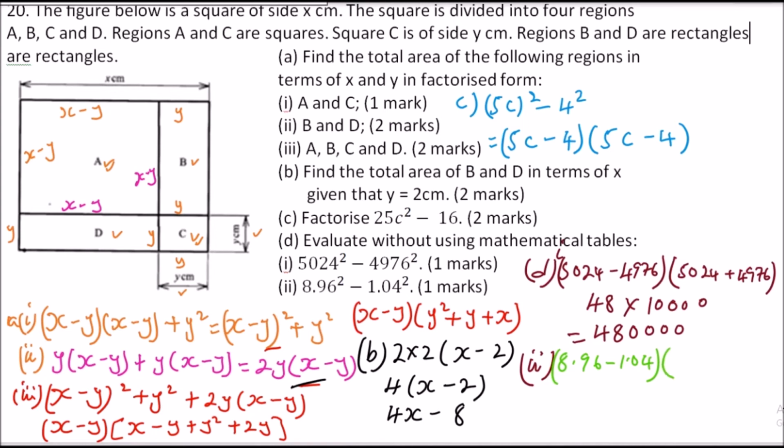Then we have bracket 8.96 plus 1.04. When you work that out, the subtraction gives you 7.92. You multiply by 10, and when you multiply, that will give you 79.2. So that is how you work out that question, and you get yourself 10 marks.